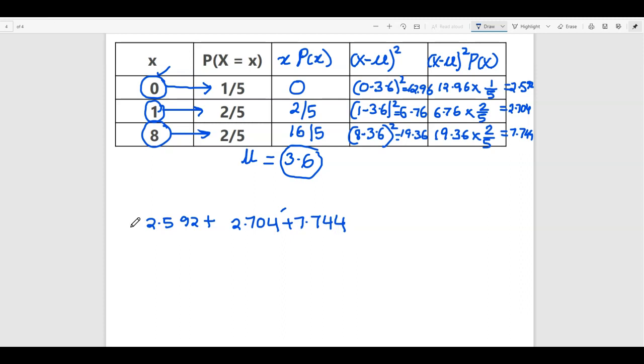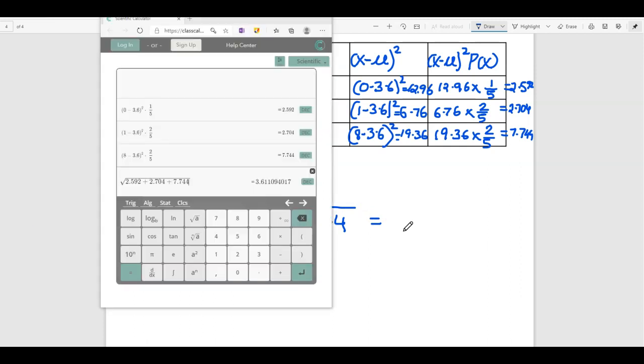Once I add, I have to find the square root of all of this. Let me plug that in class calc and be right back. When I plugged it in, this is what I got, 3.611094107. I'm assuming they'll ask you to round to 2 decimals or 1 decimal, so depending on what they're asking, make sure you round it. I plugged all of this in, added everything and found the square root.